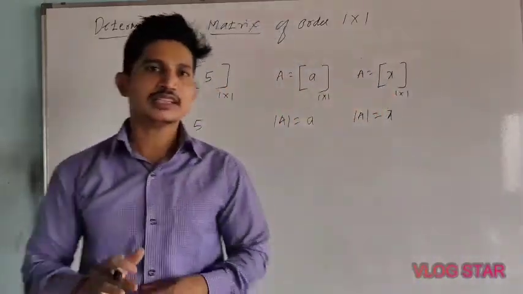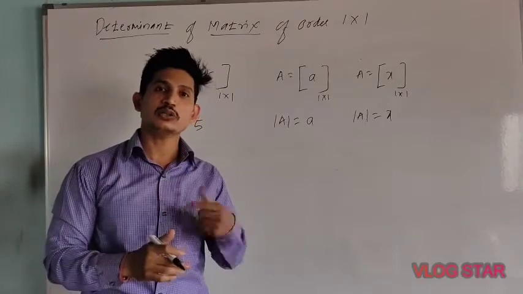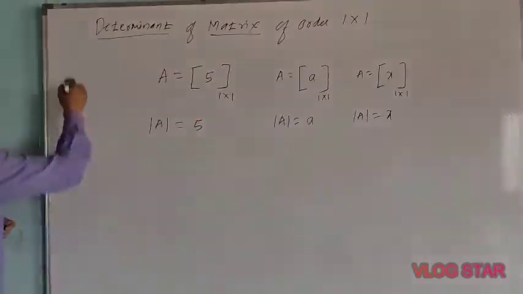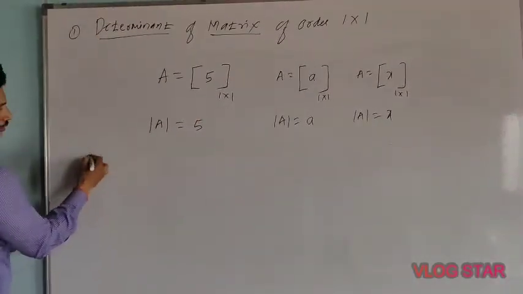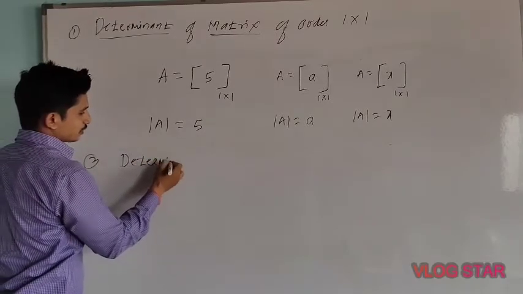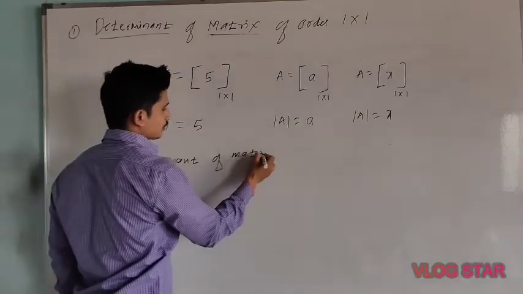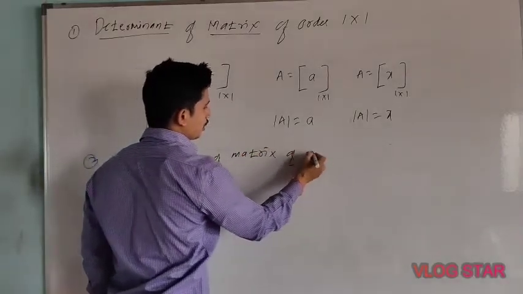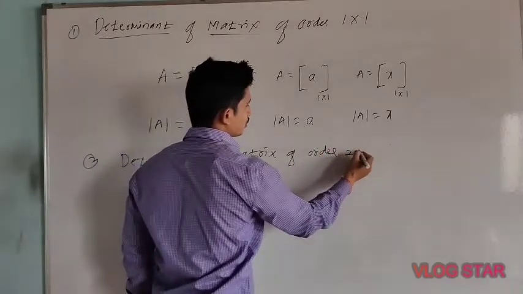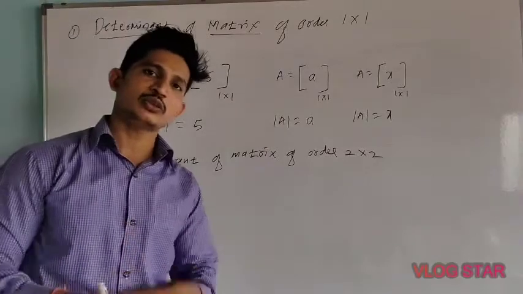Now let's see how to find the value of a matrix of order 2 cross 2. Determinant of a matrix of order 2 cross 2. 2 cross 2 means there are 2 rows and 2 columns.